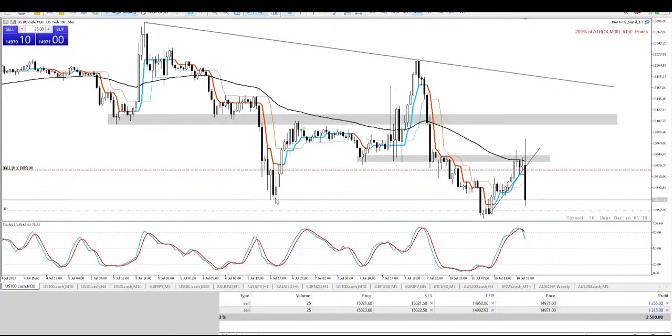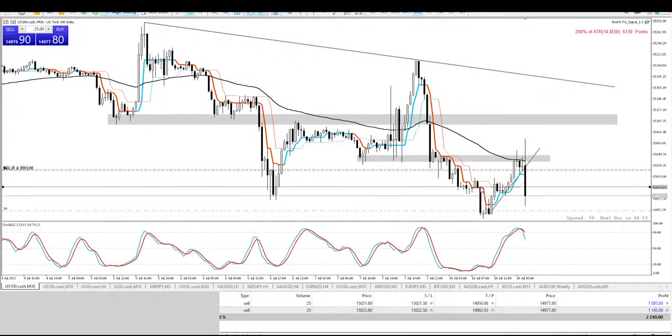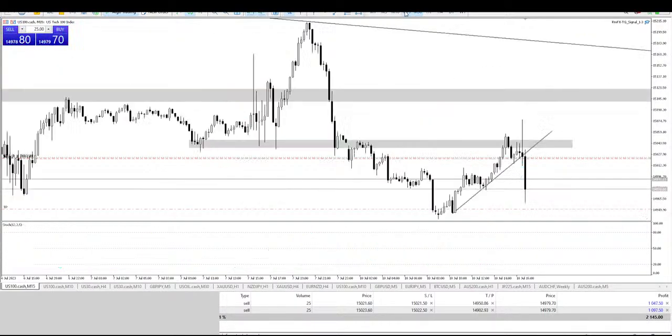So right now, we had a rejection off of this level here. And this is kind of within that area too. So if we see price basically break back, let's say above here, then I would be looking to close this trade.